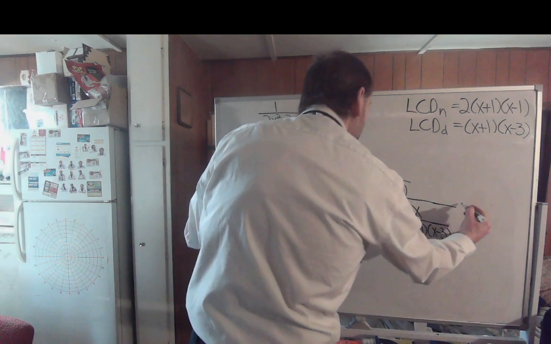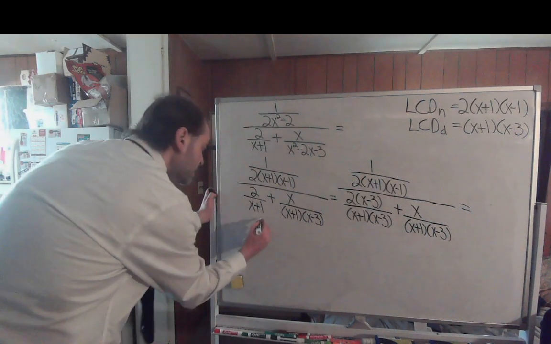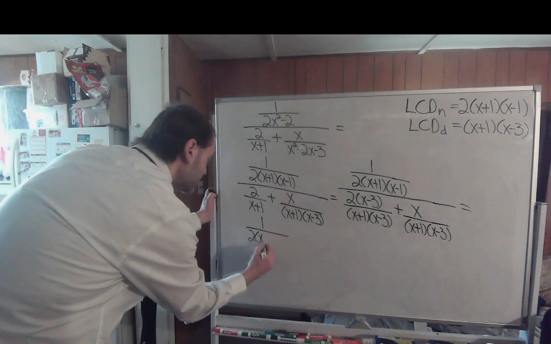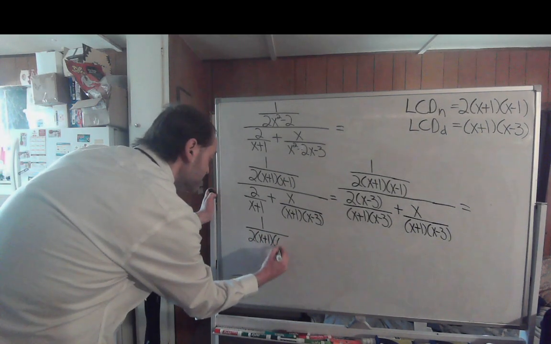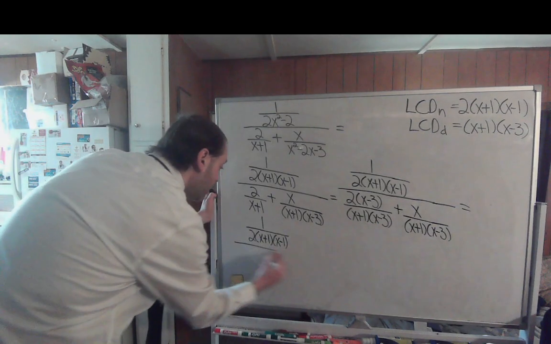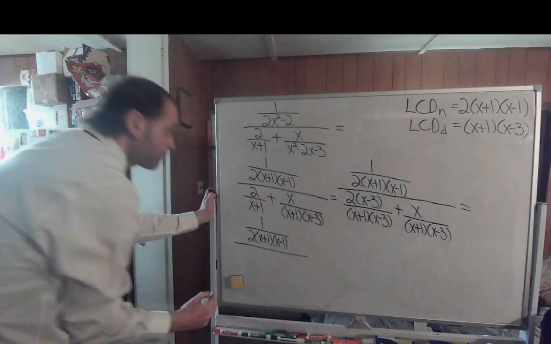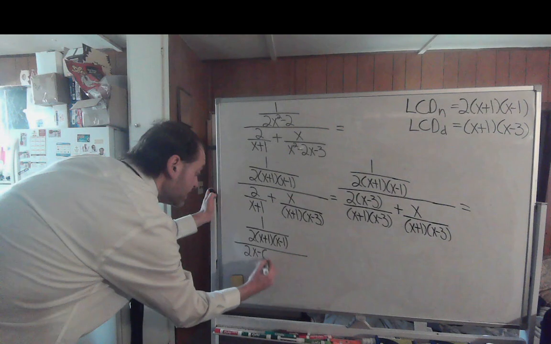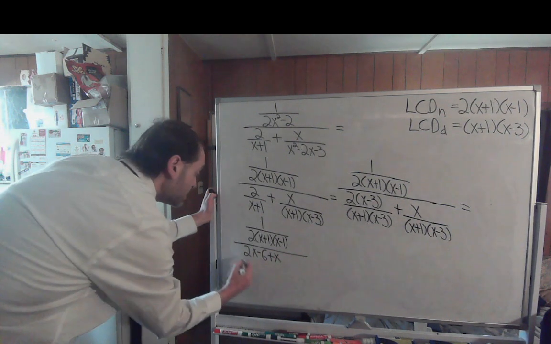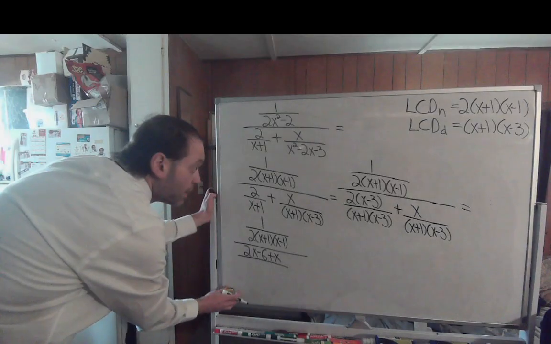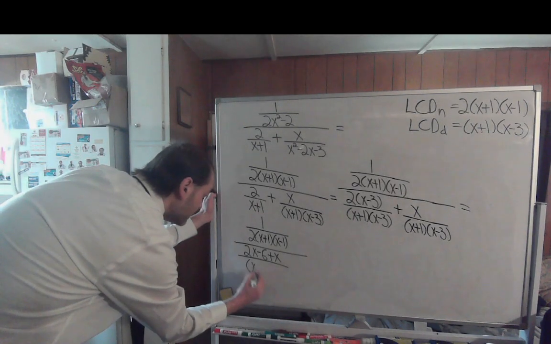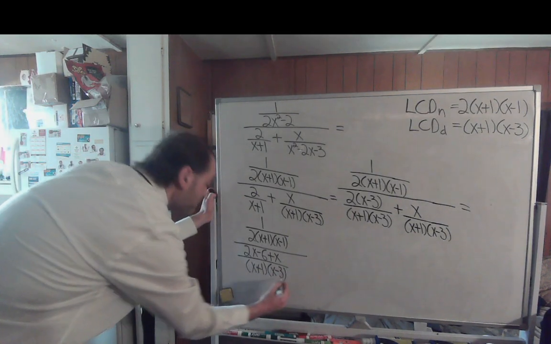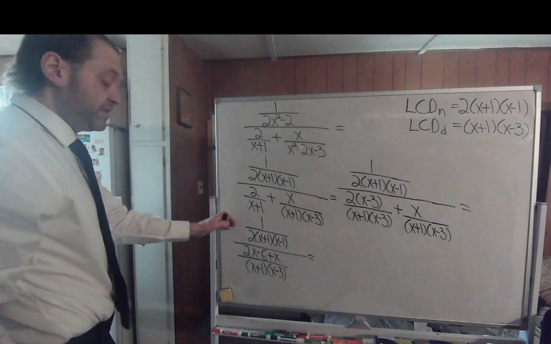Now let's simplify this a bit here. This will be 1 over 2 times x plus 1 times x minus 1, all over 2x minus 6 plus x all over x plus 1 times x minus 3, which we can simplify a bit further.